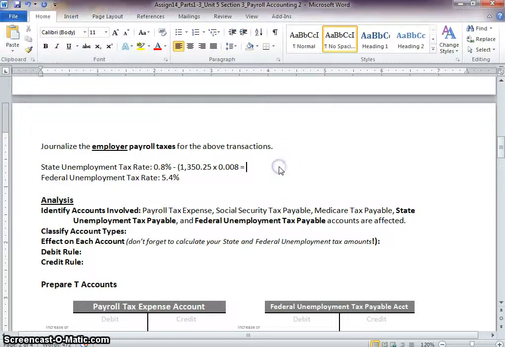I'm paying in $10.80 into my state unemployment tax payable account.